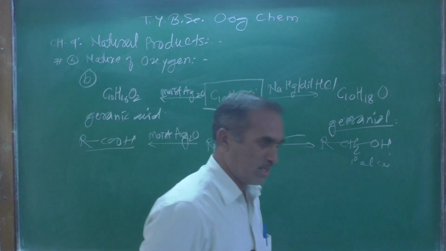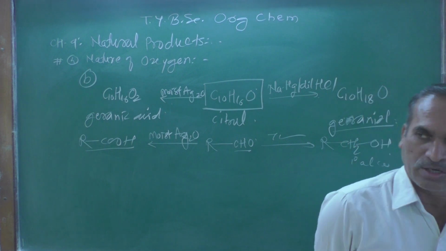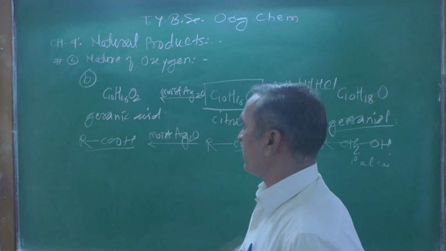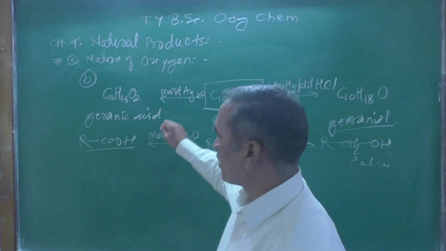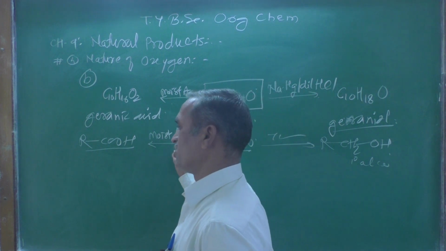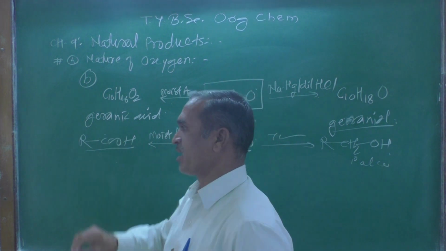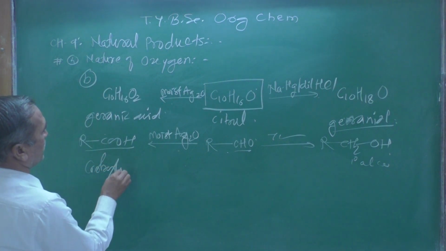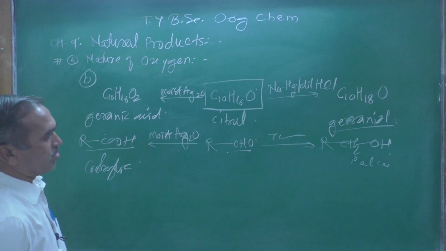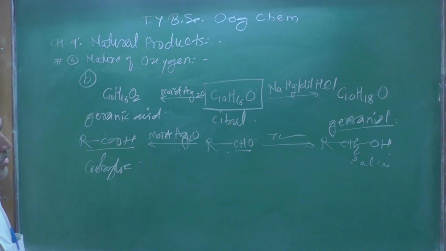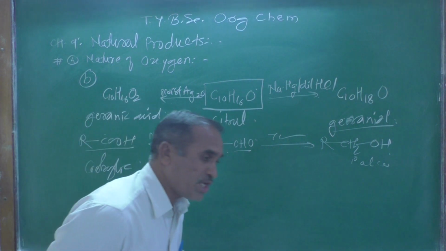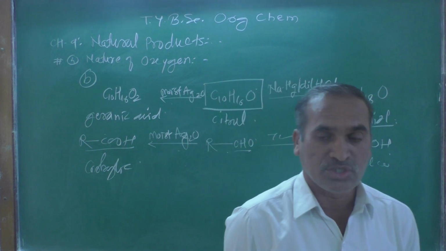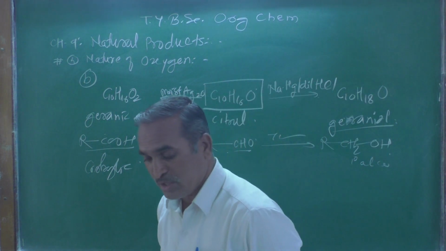This is the general reaction when any aldehyde is treated with a mild oxidizing reagent: it produces the carboxylic acid. That is a characteristic of the aldehyde group, and therefore this suggests that citral contains an aldehyde group.